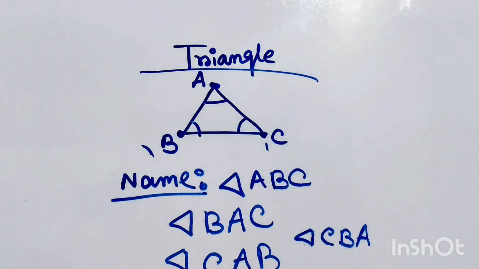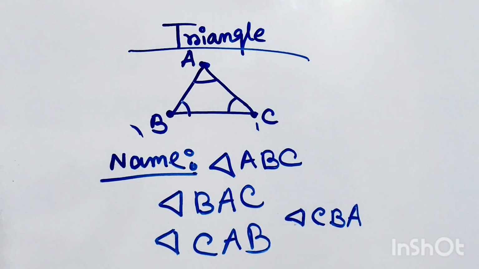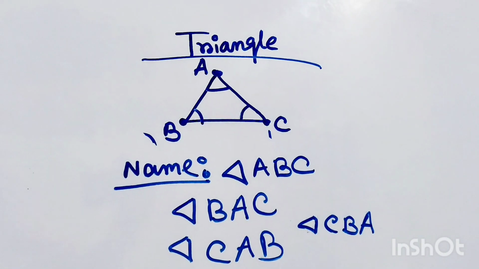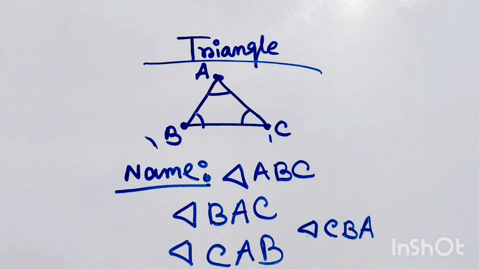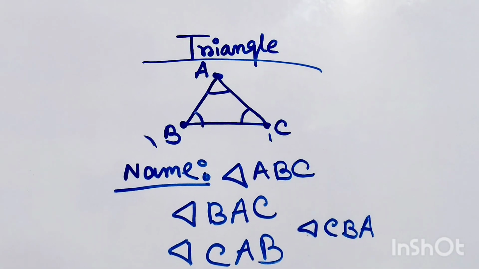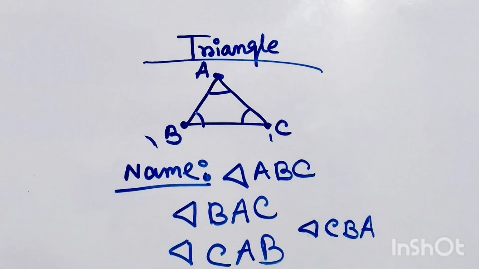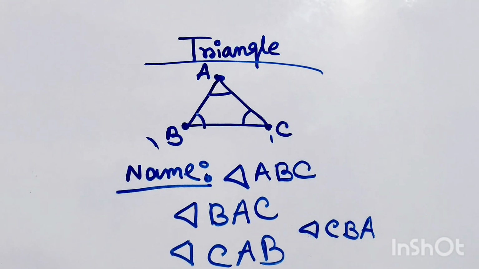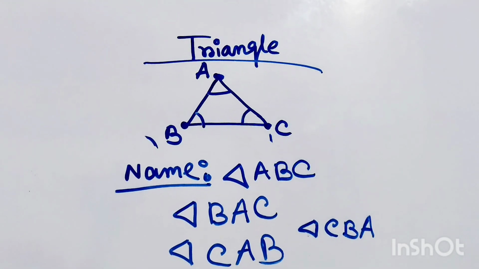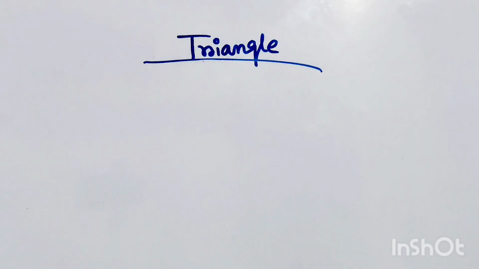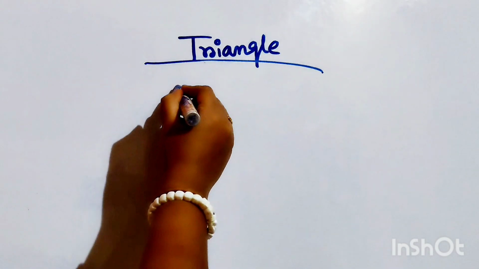Triangle ABC, triangle BAC, triangle CAB, triangle CBA. You can write it in any manner that you want. Everything is right. I wrote only four here, but you can write it in any other manner, no problem. So basically the naming process for the triangle is like that.